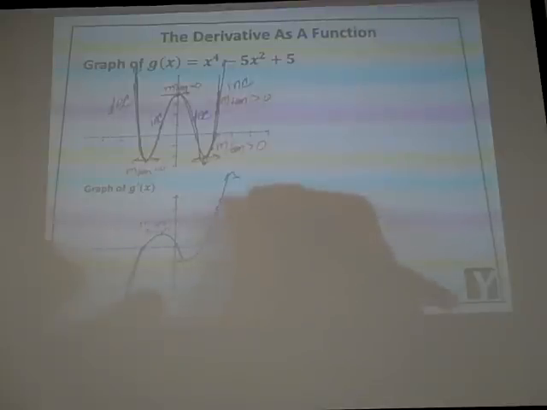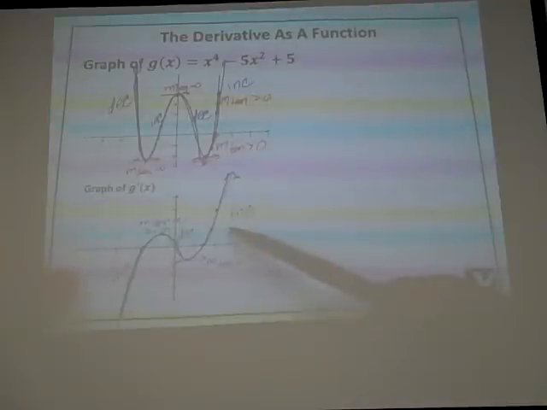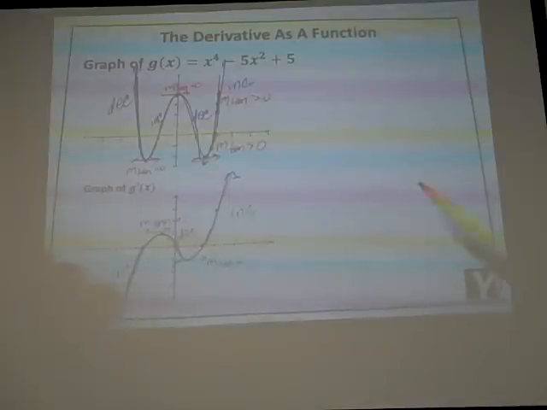Where the blue graph is increasing, the slope of the tangent line will be positive. It's increasing over here as well. The derivative is decreasing, so the slope of the tangent line will be negative over here. We can take this information to make a new graph. From there, we could do it again. We could find the first derivative. We could create a graph of a second derivative, a third derivative, and so on.